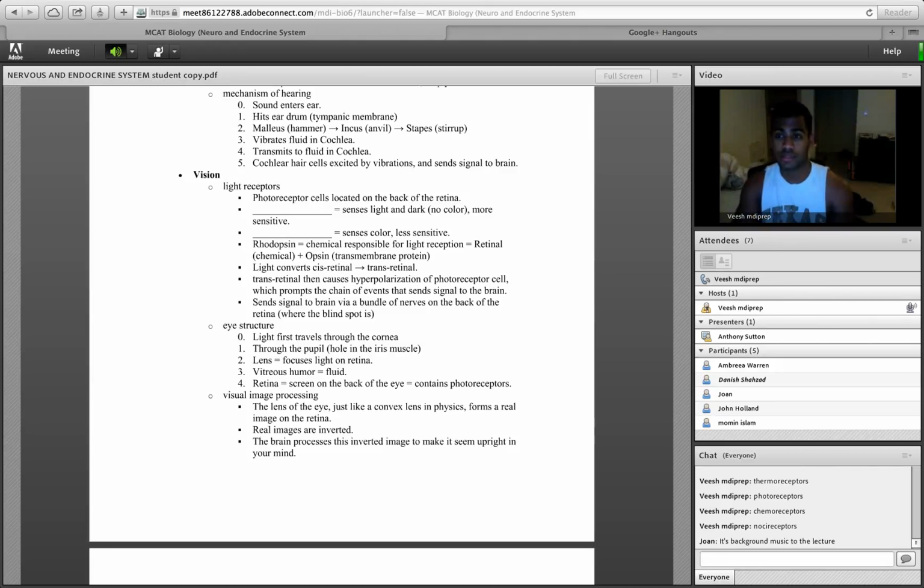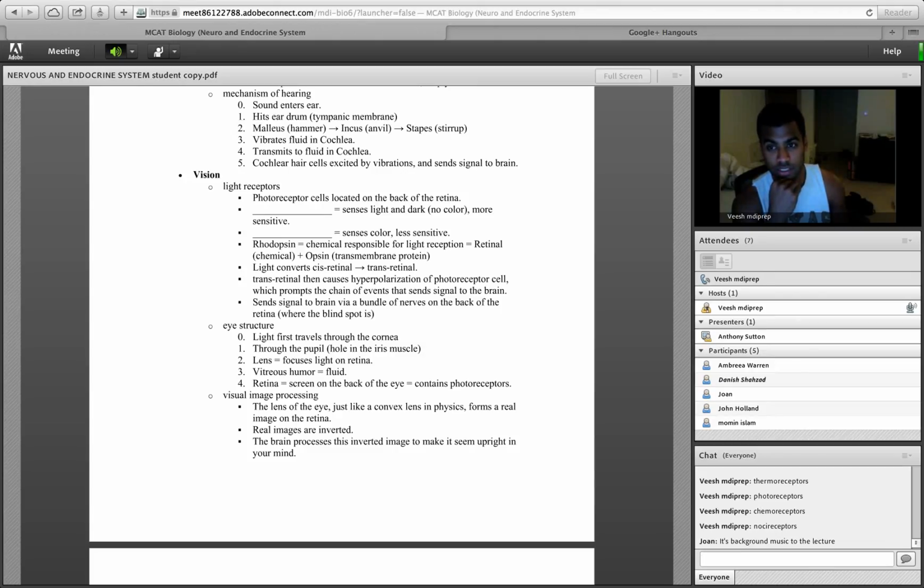The chemical that's responsible for light reception is called rhodopsin. This is basically retinal, which is a chemical, and opsin, which is a transmembrane protein. Together, it's called rhodopsin. Light converts cis-retinal to trans-retinal. Organic chemistry will go over the difference between cis and trans.